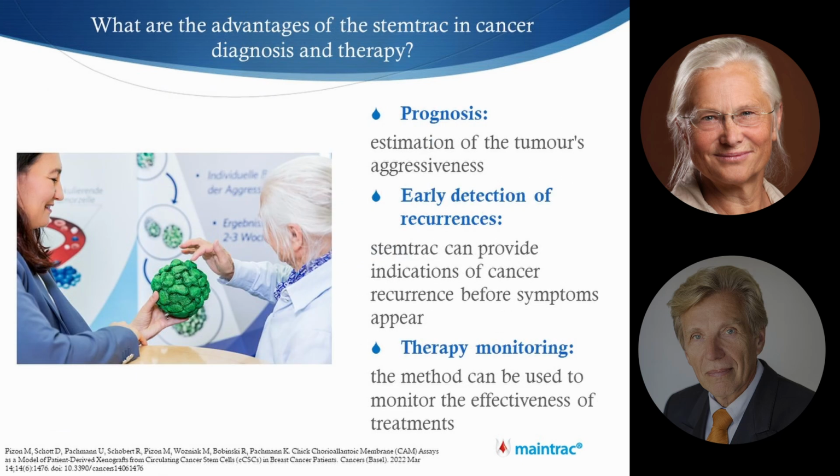What are the advantages of Stemtrac in cancer diagnosis and therapy? For prognosis, it can help us to estimate the tumor's aggressiveness. And if the Stemtrac cultivated cells, the tumor stem cells, increase, this can provide indications that a tumor is going to recur before symptoms appear.